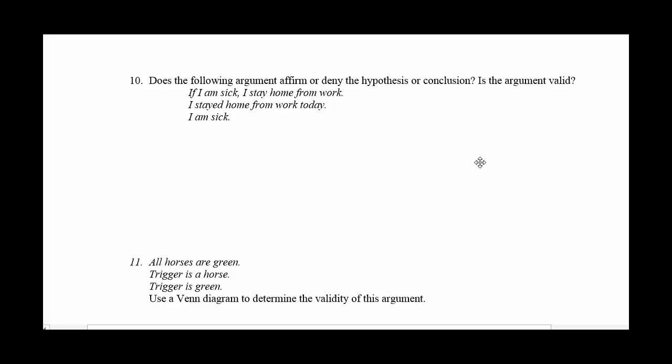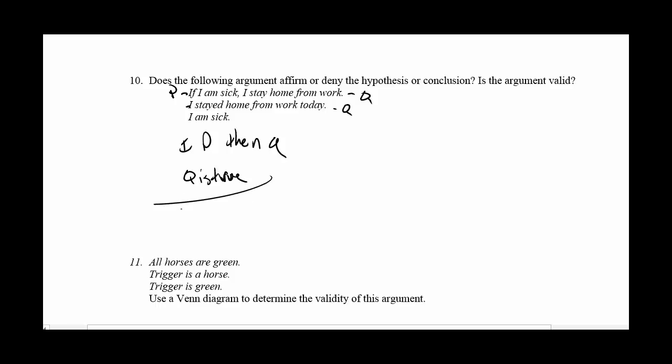Okay, so let's see if we can identify each of those statements. So the first one says, if I am sick, then I am staying home. So we're going to call the sick part P and the stay home part Q. So we have if P, then Q so far. The second statement says, I stayed home from work today. So what is that? That's actually a Q. So they're saying Q is true.